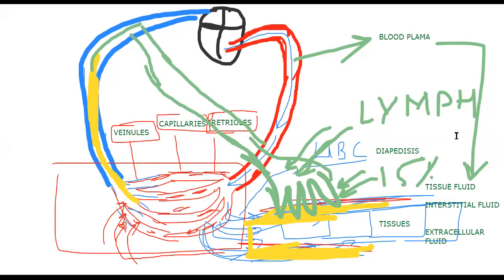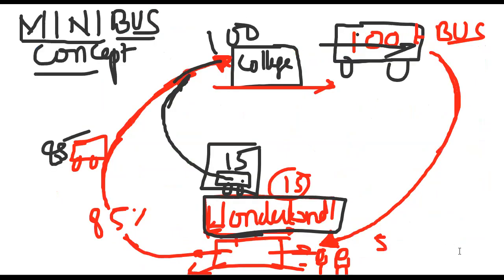Everything green, whatever I showed in the form of this capillary, is a lymph capillary. The fluid in the lymph capillaries can be termed as lymph. Simply we say, lymph is our mini bus. This mini bus concept I showed earlier. This is lymph, the fluid present in the tissues which is not returned back into the capillaries.